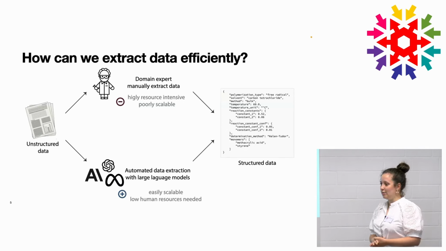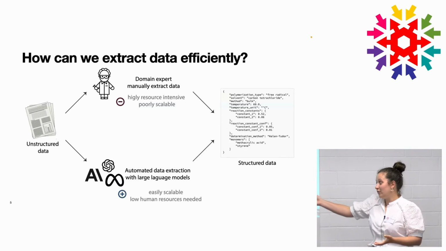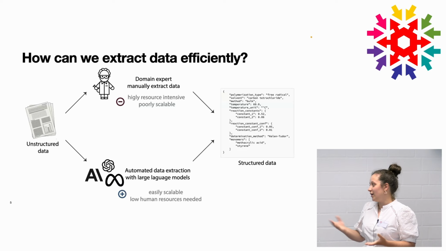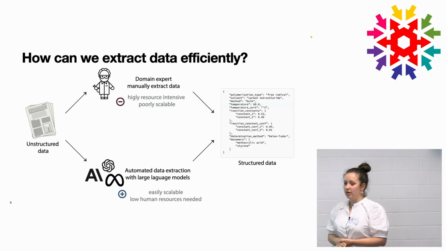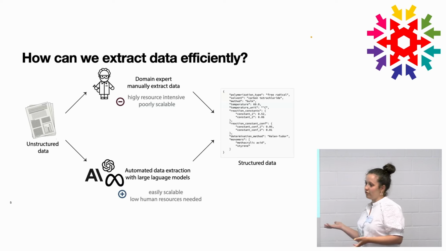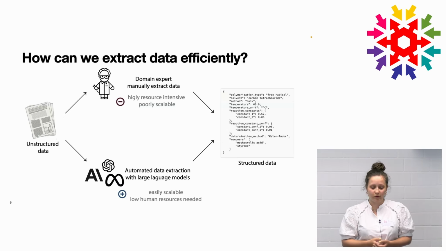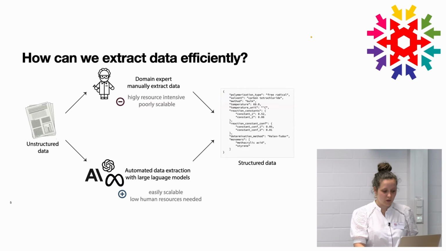It's also really annoying. On the other hand, some years back, large language models came into place. Now we try to use those for extracting the data automatically, because it's super scalable, and we don't need a lot of human experts to support this process.